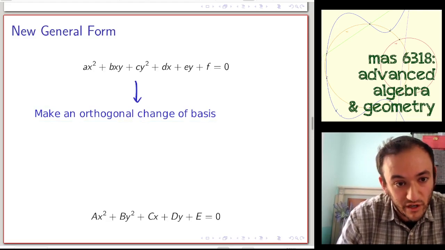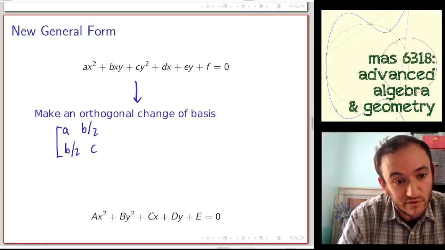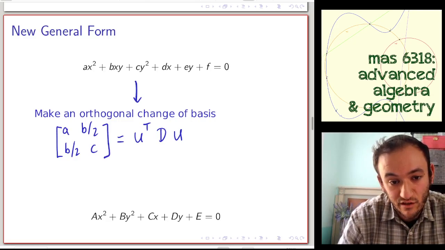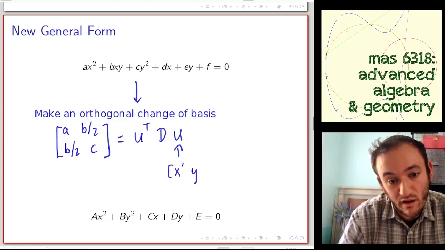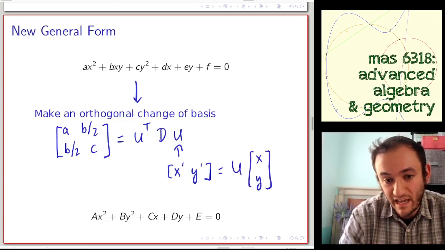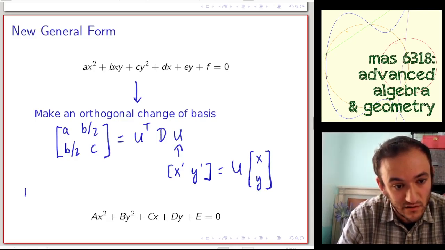In particular, where the matrix with a, b over 2, b over 2, c will be equal to u transpose d u, let this u define your new basis, x prime y prime equals u times xy, and then rename x prime y prime to be xy, so drop the prime basically.